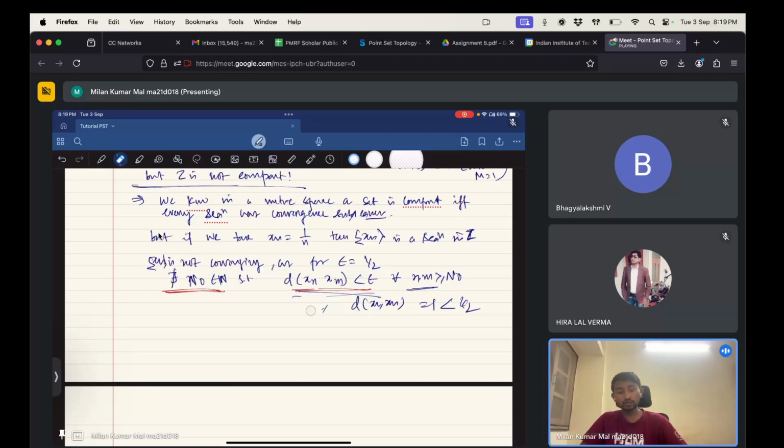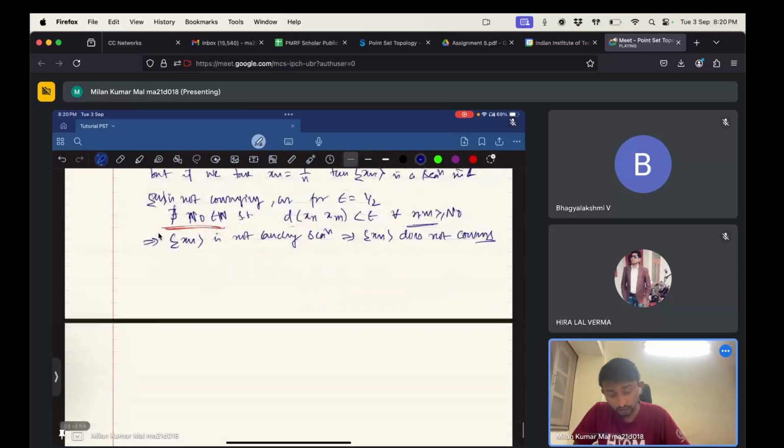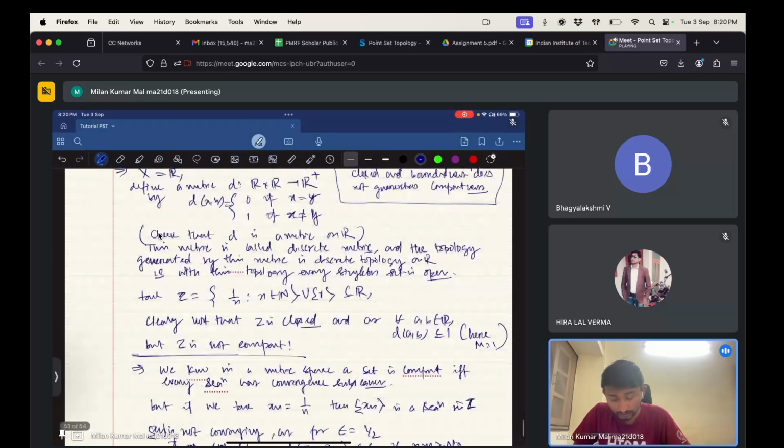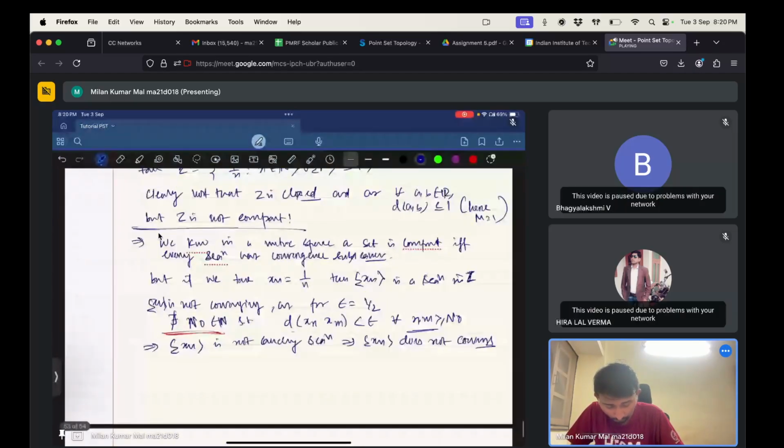So that's why xn is not a Cauchy sequence, which implies xn does not converge. That means Z is not compact.